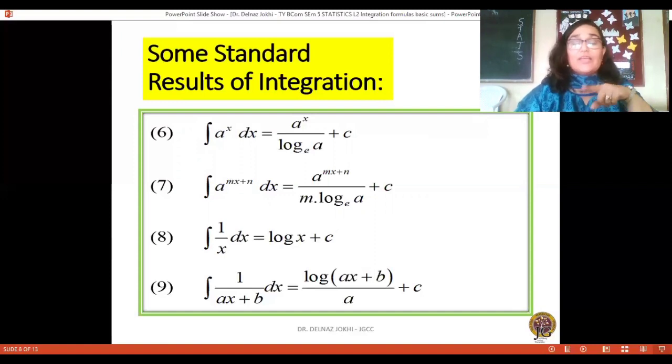Mind you, over here, e was a mathematical constant, right? a is a variable. कैसे? a raised to x, I'll give you some examples. It can be 2 power x, it can be 9 power x, it can be 100 power x. So a की value change हो रही है. Do you get the point?